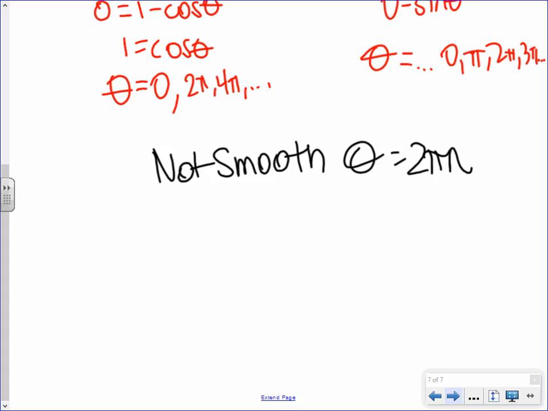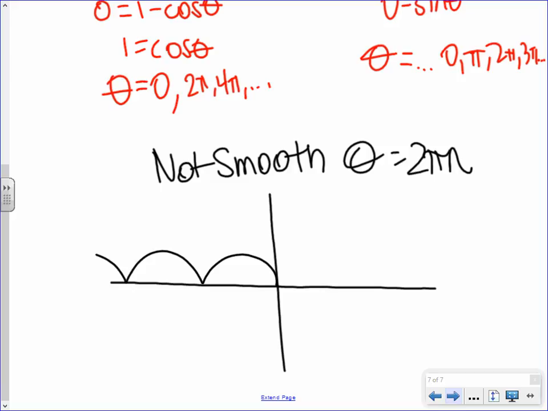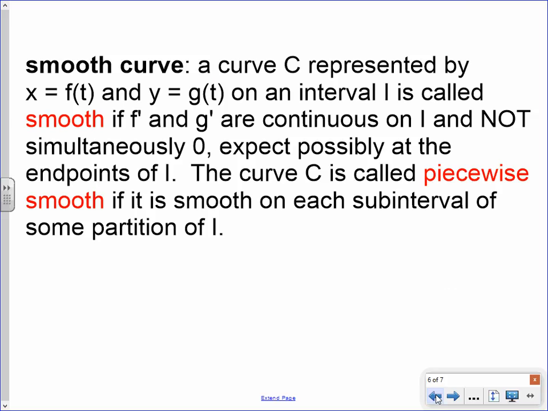I wrote 2 pi n. Here is that curve. Notice how there are those corners at every 2 pi? That's because it is not smooth.